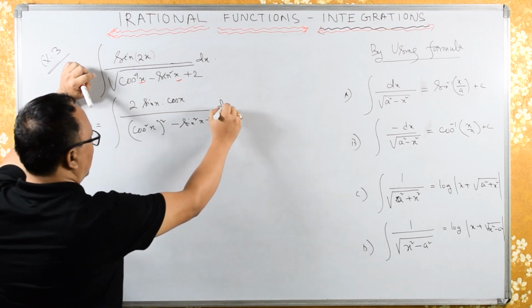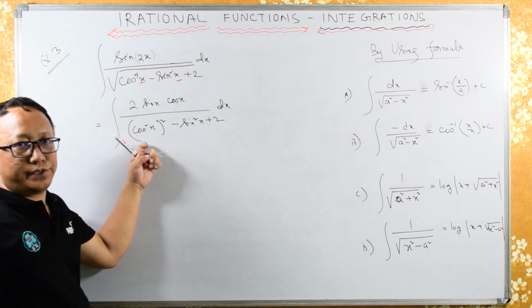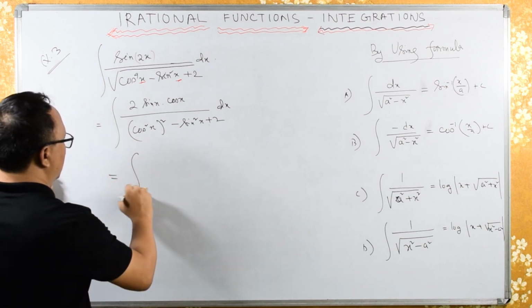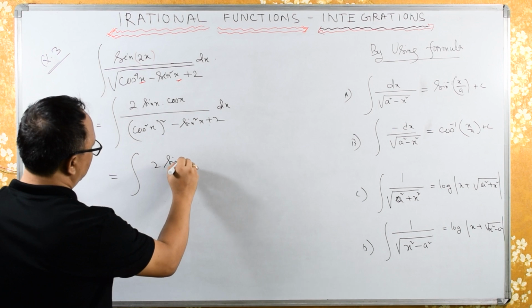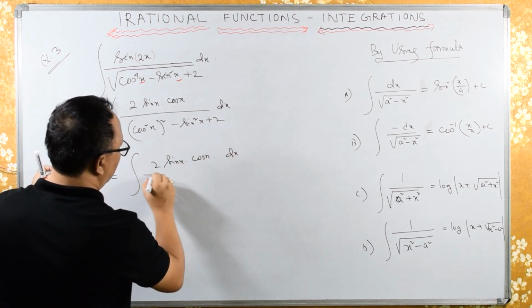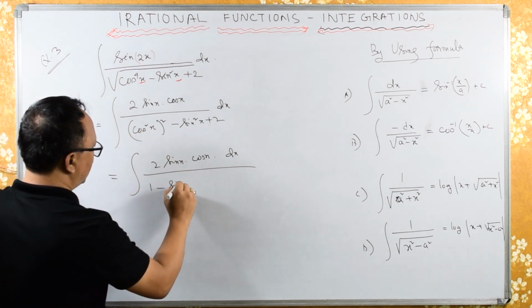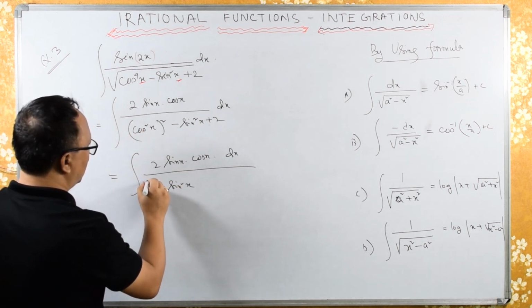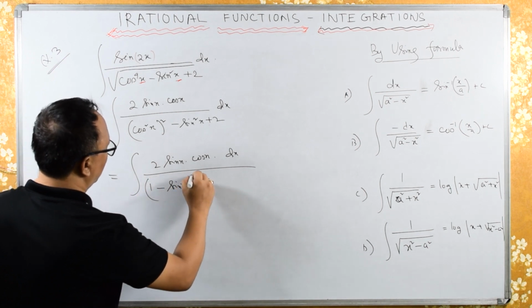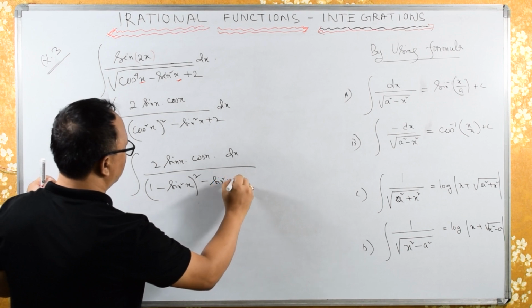Now instead of cos square, I can say cos square is 1 minus sine square x. This is the same as 2 sine x into cos x dx upon, 1 minus sine square x the whole square minus sine square x plus 2.